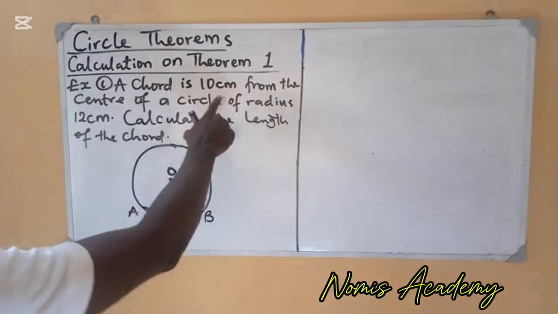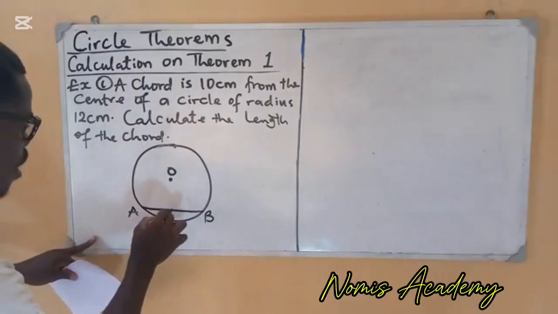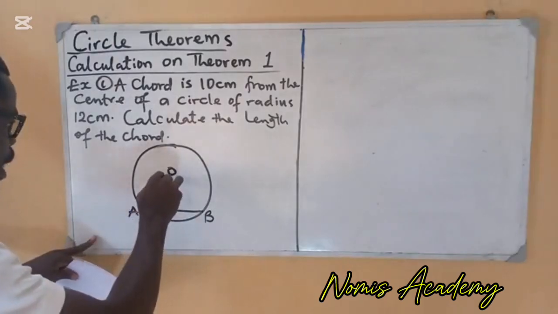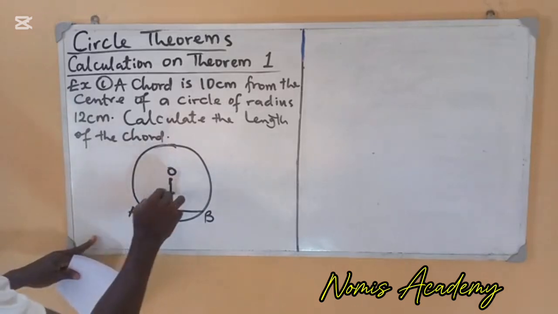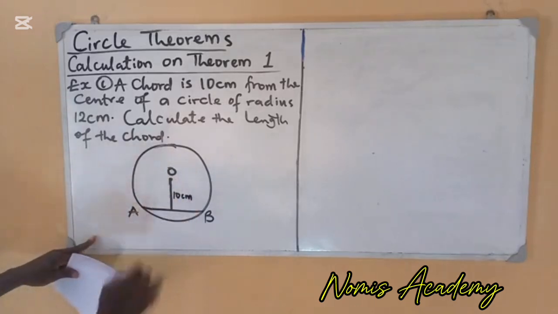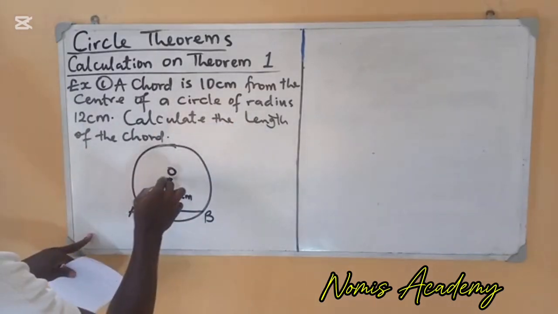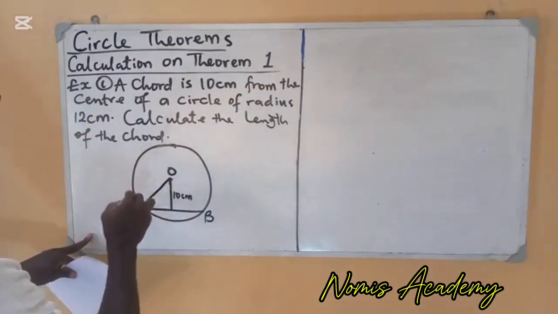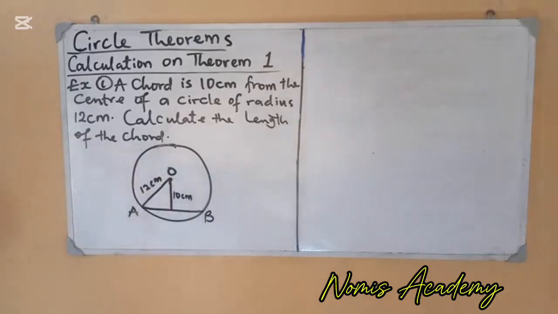Now the chord is 10 centimeters away from the center, meaning that from here to here is 10 centimeters away from the center of the circle. Now the radius of the circle is 12 centimeters.